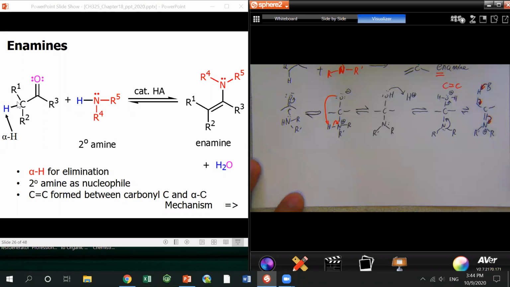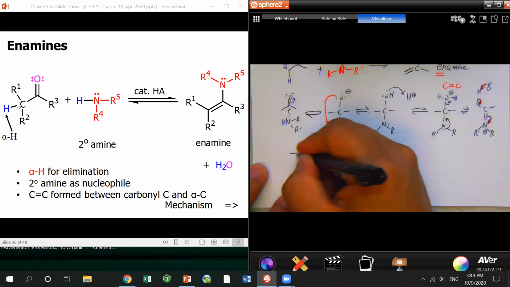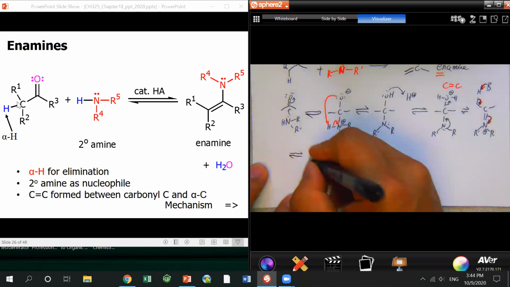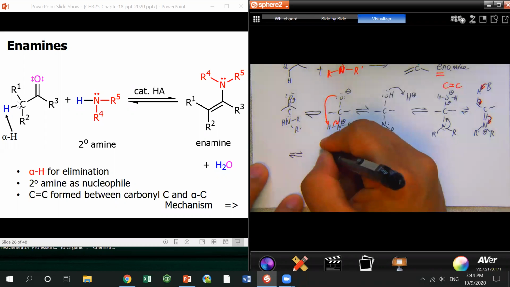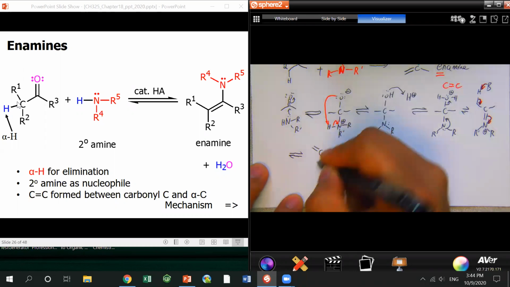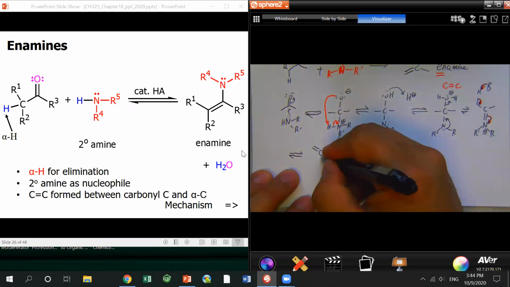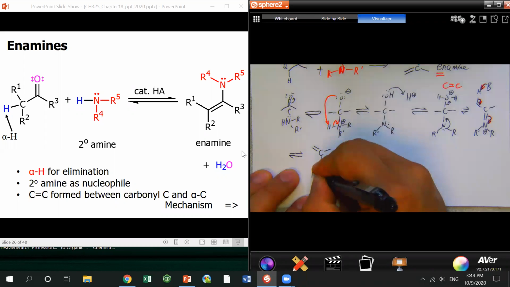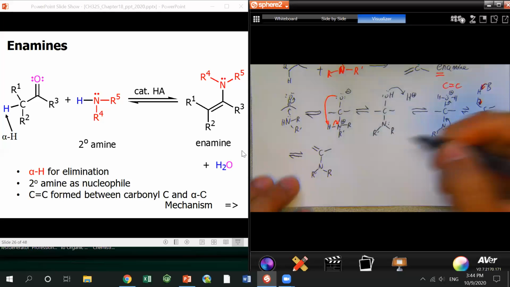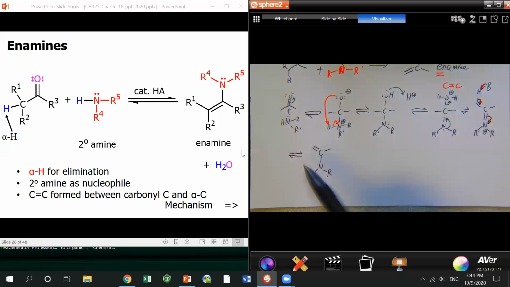In this case, you build a C=C double bond plus a C-N single bond, and then the whole thing is neutral. So this one is the enamine.